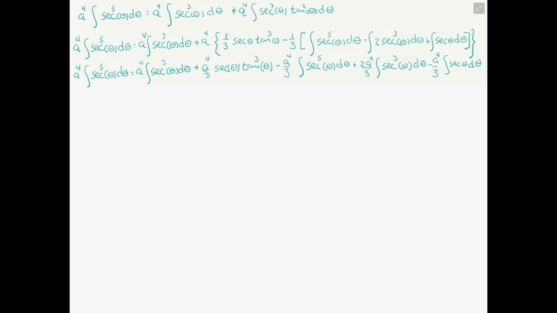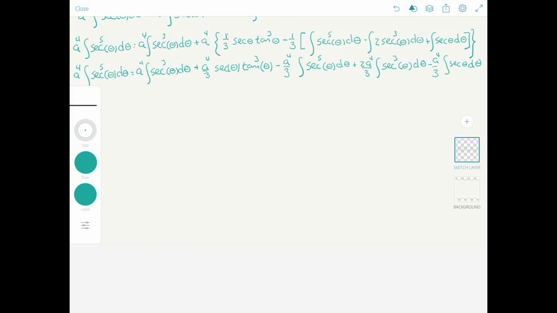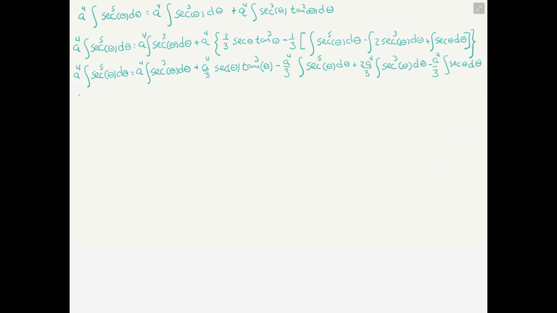All right, now it's time for consolidating. We're going to put in the next line, we are combining the secant to the fifth terms of the equation.